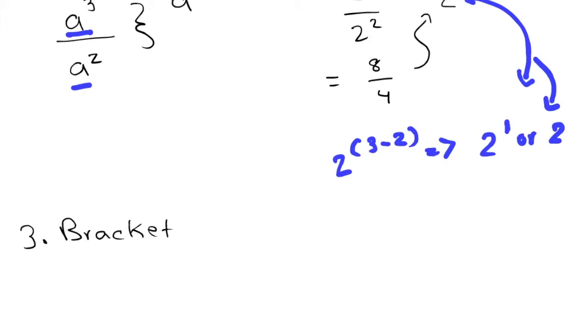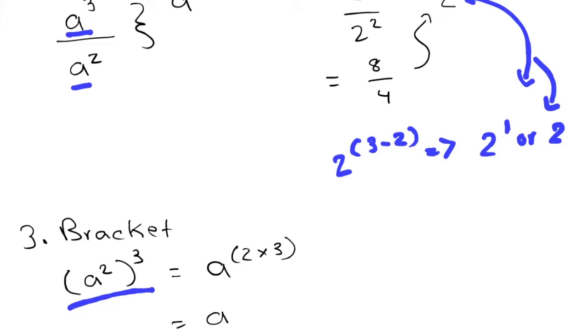And the bracket exponent law works when you have an exponent inside a bracket, so let's say a to the power of 2, and outside the bracket you have all of this to the power of 3. Using the bracket exponent law, you can say that a to the power of 2 times 3 is that simplified. So this in relation would be a to the power of 6.